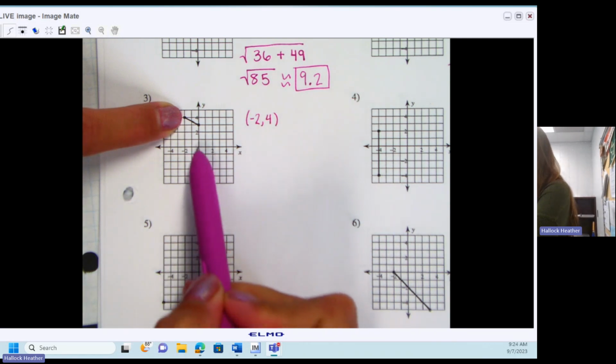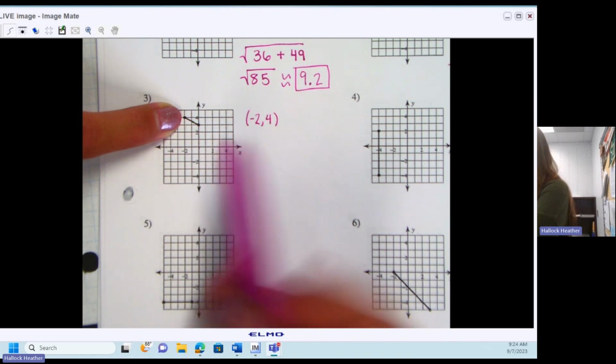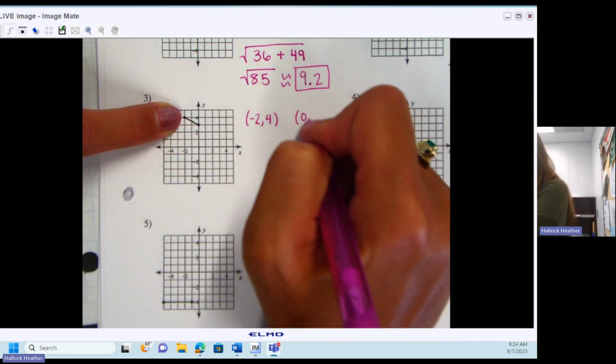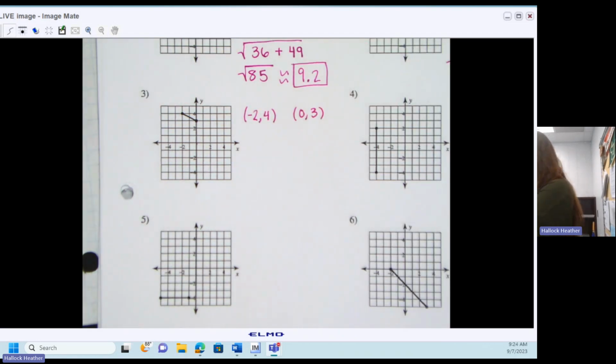My second coordinate point, I'm starting at 0, 0. I'm not going side to side at all. I'm just going up 3. So that second coordinate point should be 0, 3. And then you can label it and plug it into your formula.